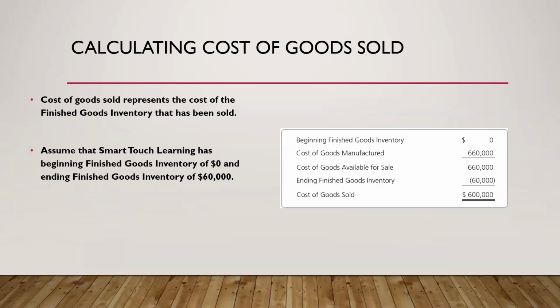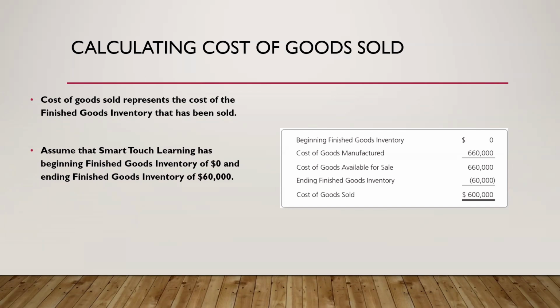Cost of goods sold represents the cost of the finished goods inventory that has been sold. Let's assume that Smart Touch Learning has beginning finished goods inventory of $0, and an ending finished goods inventory of $60,000.